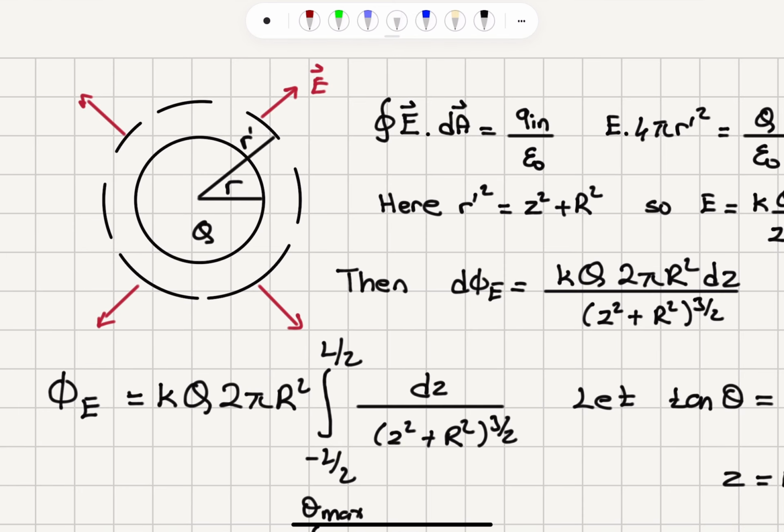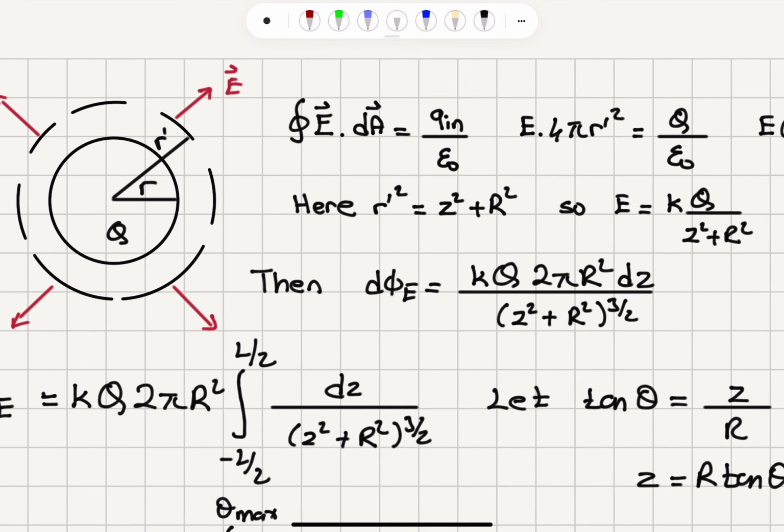To do that, we'll take a Gaussian surface, a spherical surface, and use Gauss's law, the closed surface integral of E dot dA, which is E times 4π r prime squared, the surface area of the sphere, is the charge enclosed, which is Q divided by epsilon 0.